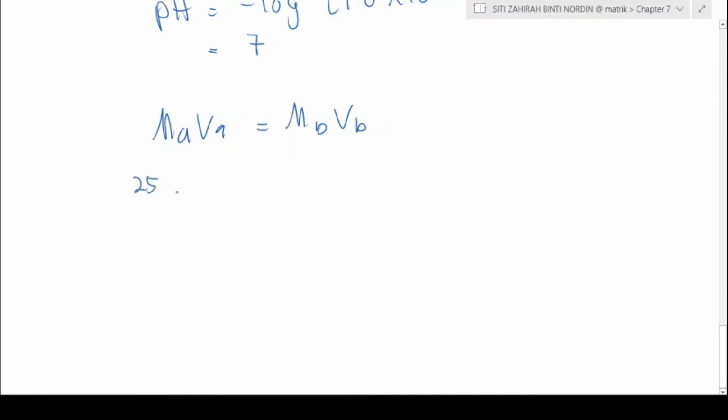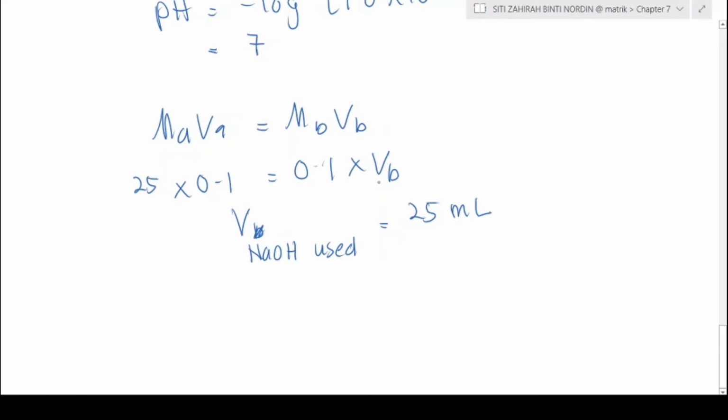Molarity of acid and the volume as well: 25 times 0.1 equals the molarity of base, 0.1, times VB. So your volume of sodium hydroxide used to get to equivalent point is 25 mL. So we've already got our third point with a pH of 7. Our sodium hydroxide used would be 25 mL.